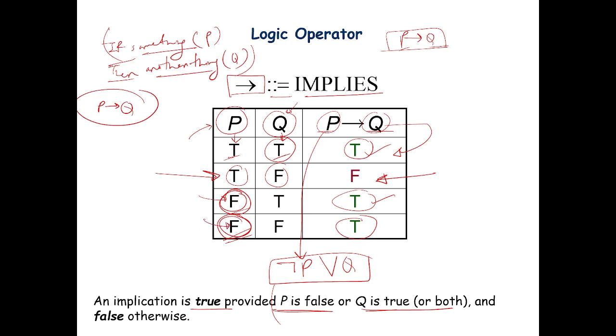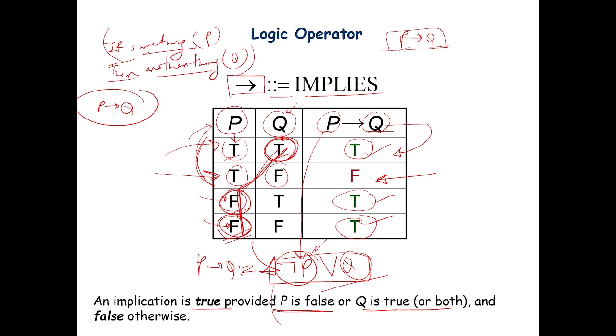When P is not false, when do we get a true answer? When Q is true. So in total, we can observe these three cases and write this whole situation as: P implies Q is logically equivalent to not P or Q.